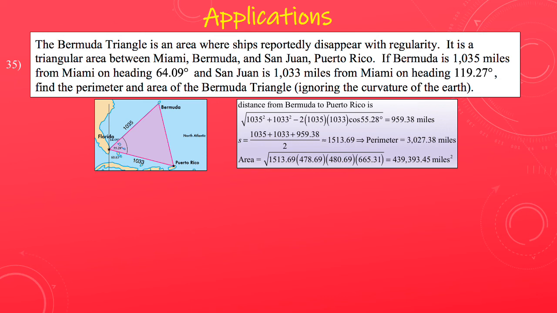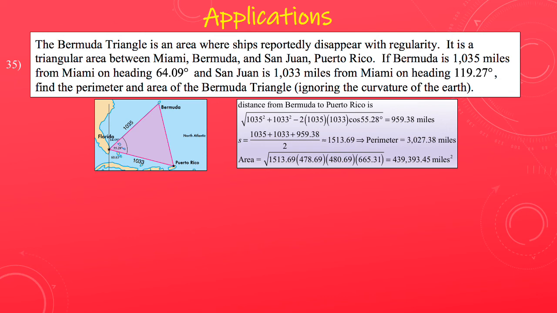So we will do that using the law of cosines, and we get that the third side, which is the distance from Bermuda to Puerto Rico, is the square root of 1,035 squared plus 1,033 squared minus 2 times 1,035 times 1,033 cosine of 55.28 degrees, which is 959.38 miles.